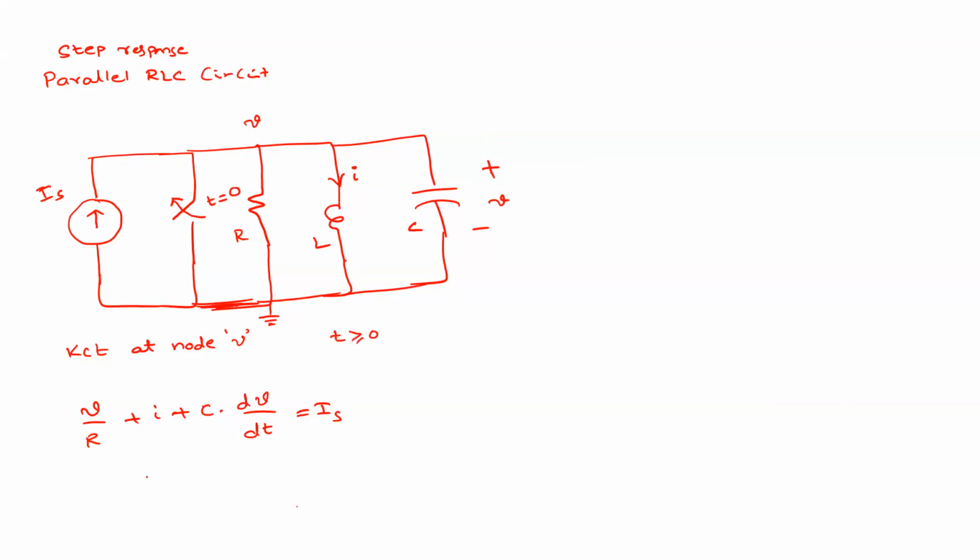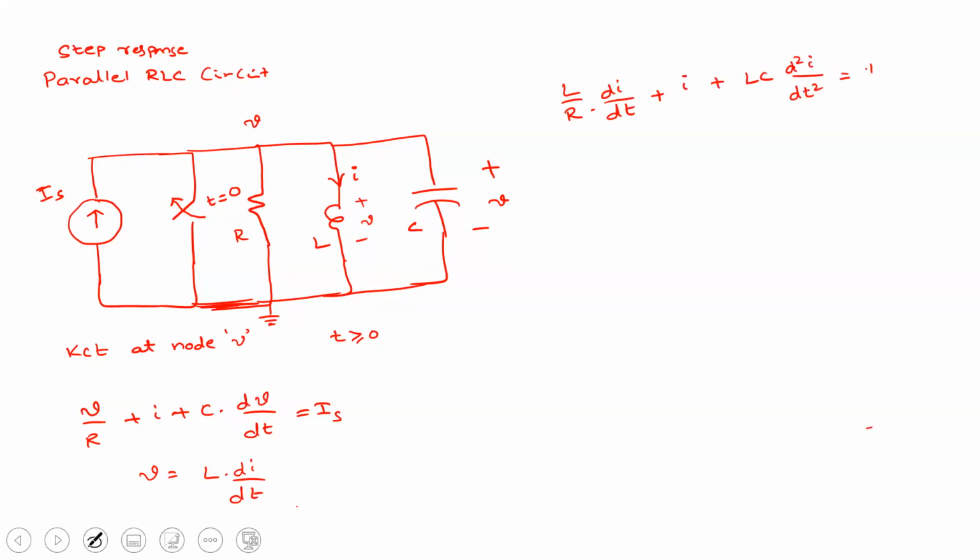Right. So what is V here? If you know the inductor, this voltage is V, so this voltage is also V. How will you express V if you know the inductor current? L di by dt. Substitute the value of L di by dt here. So you will get L by R into di by dt plus i plus LC d square i by dt square, which is equal to IS.